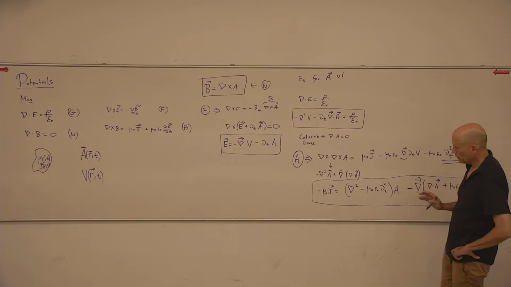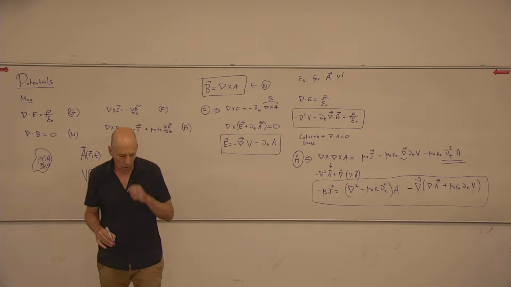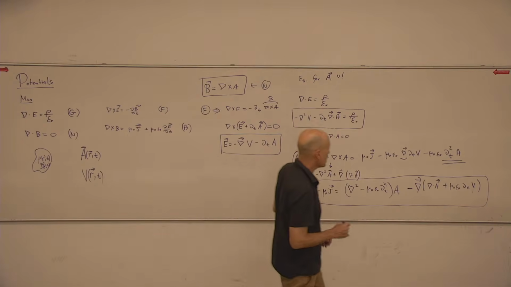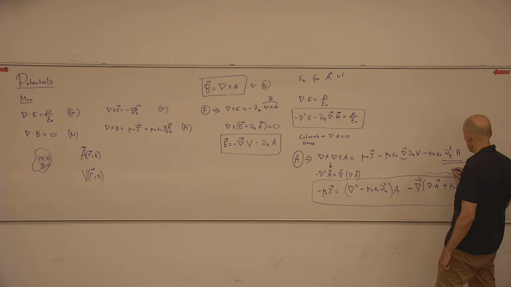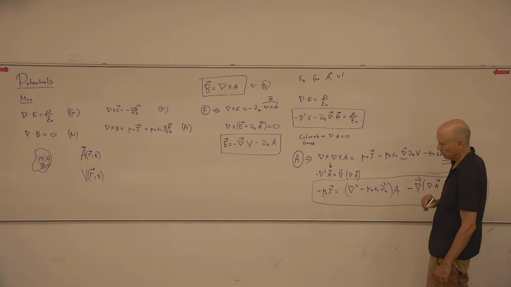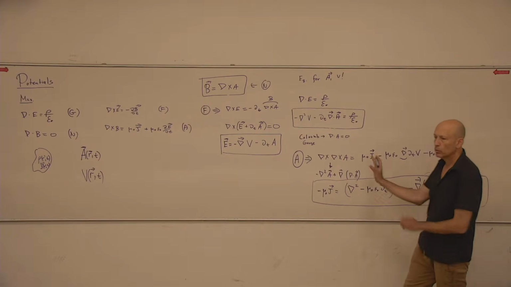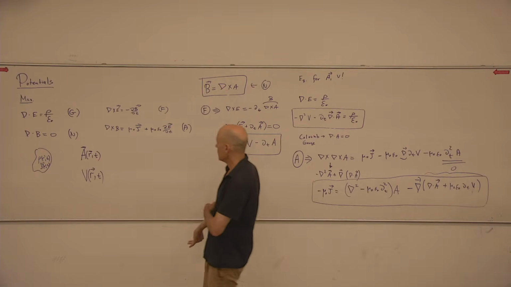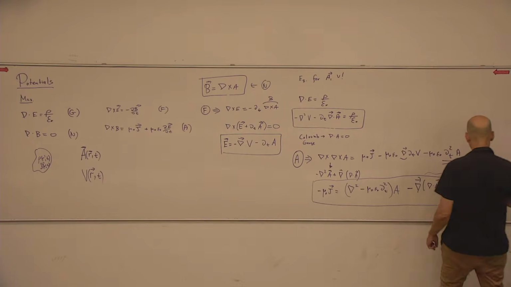So the Lorenz gauge, I'll soon discuss it. The Lorenz gauge says we are allowed, I'm not proving this at this moment, this guy is going to be equal to 0. Let us assume that I can do this for now, and let us see what is the consequence. So this is the Lorenz gauge.